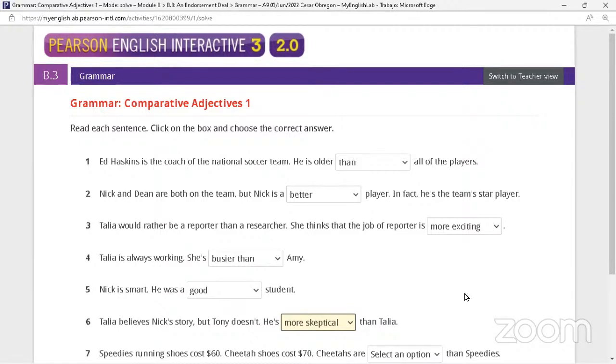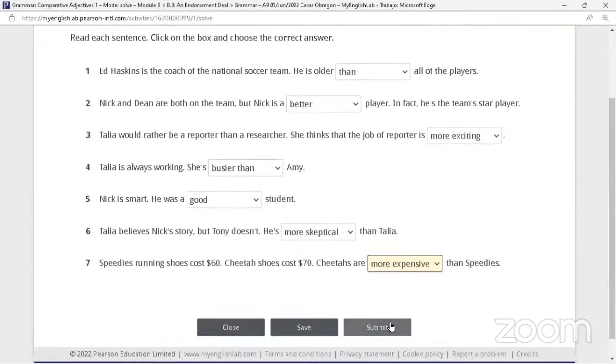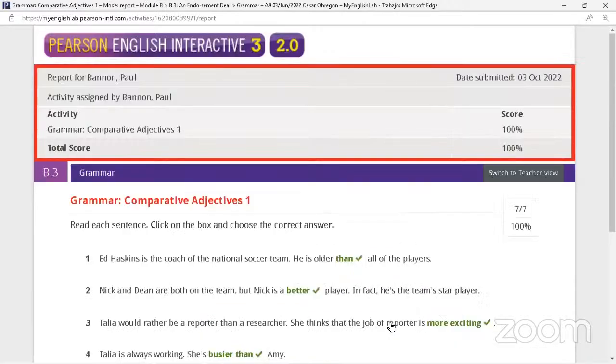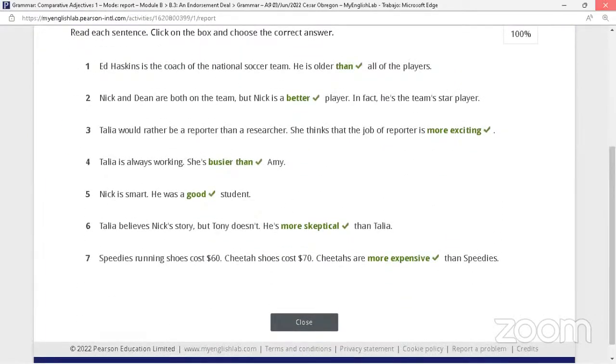Cheetah shoes cost $70. Cheetahs are more expensive than Speedy's. Okay, are you ready? Yes, I am. Okay, very good. I guess you're happy now. Yes, good for me.